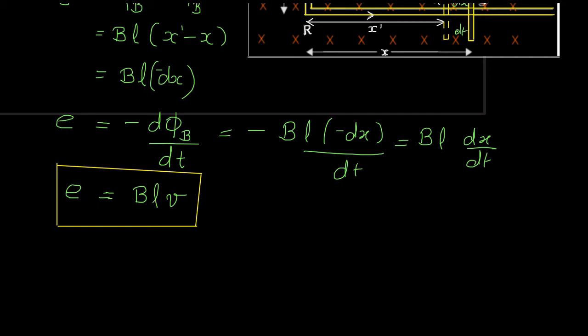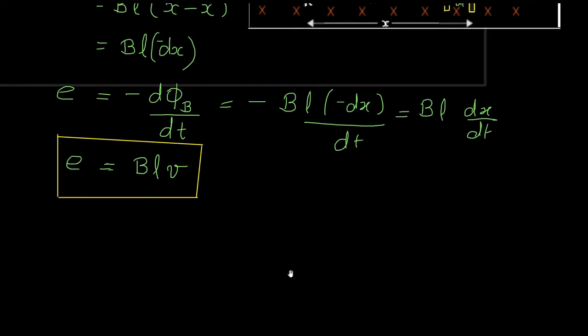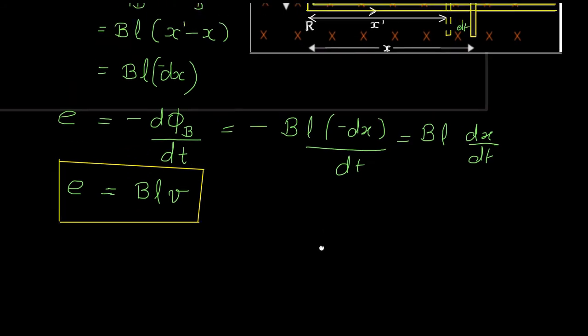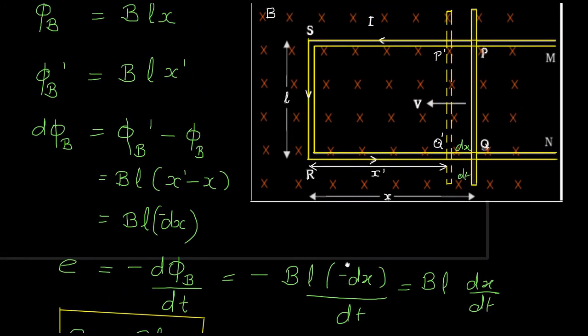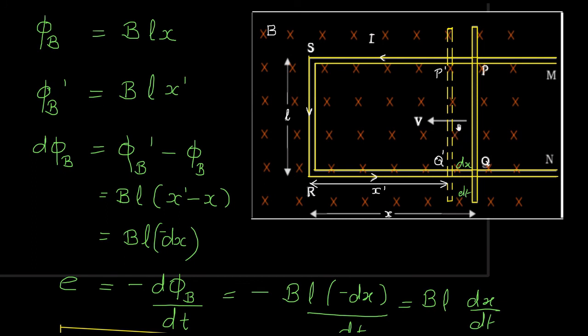It is possible to explain the motional EMF by invoking the Lorentz force acting on the free charge carriers of the conductor PQ.